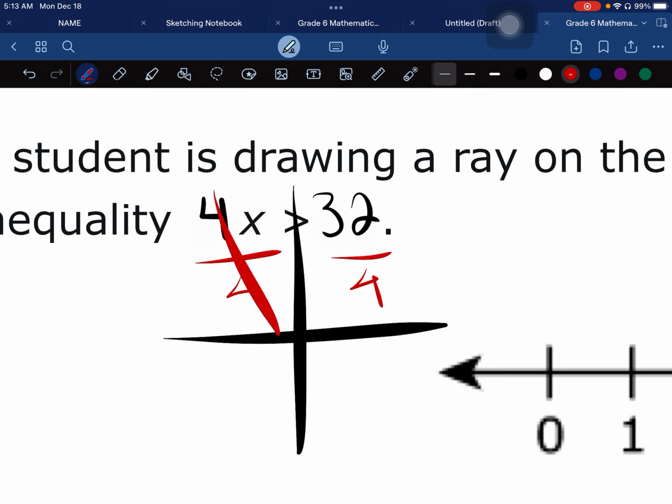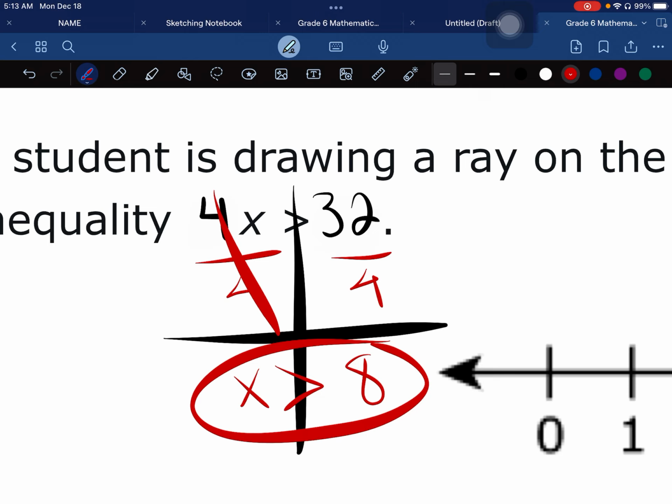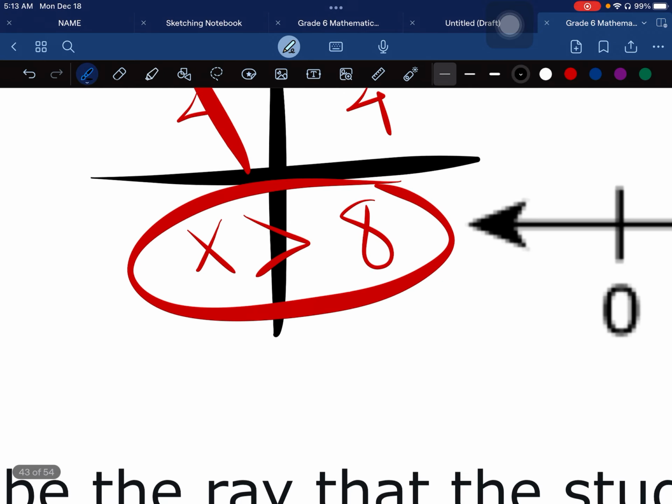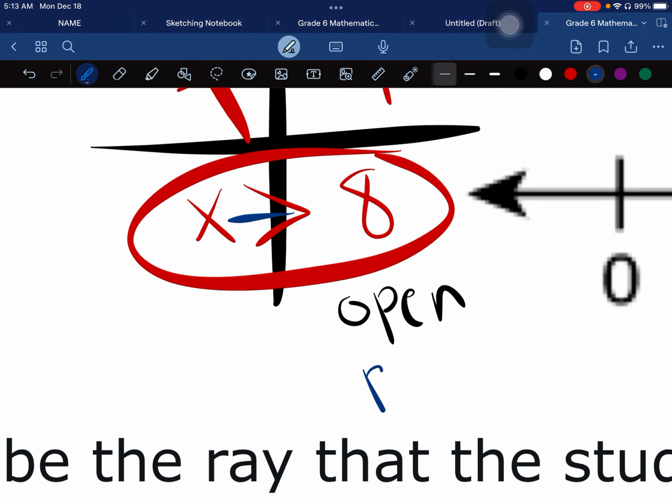Now, this is x, this is greater than, and this is 8. There you go. Is it going to be open or closed? Open.